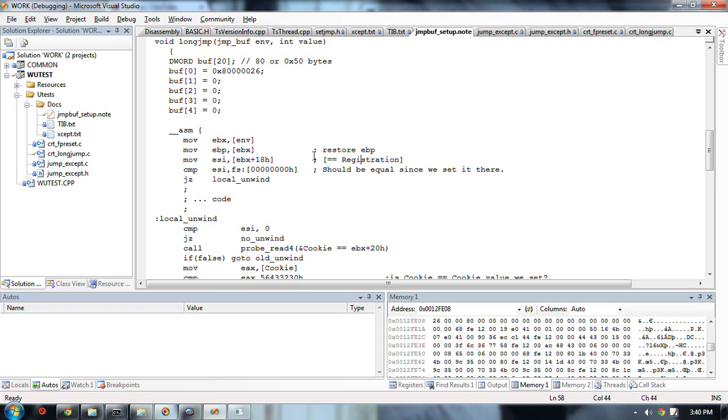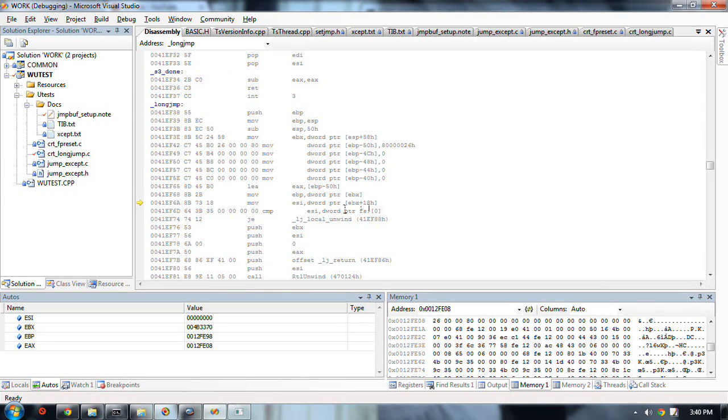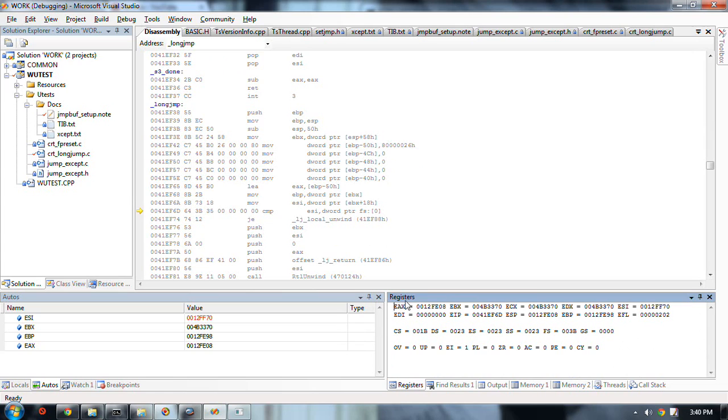Now 18 was the registration value, right? And we're putting that into SI. And that is what it was, I remember.